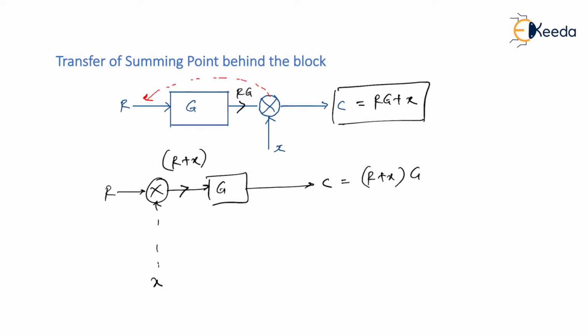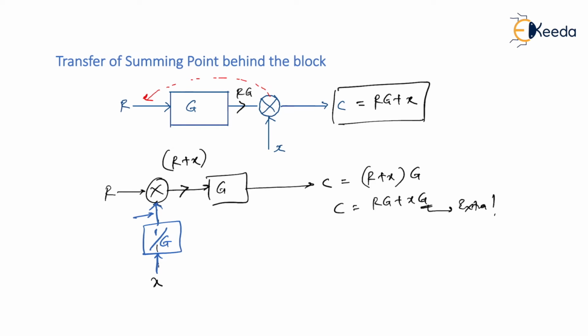It is R plus X multiplied with G, or I would say C is equal to RG plus XG. As you can see, you are getting this G as an extra term. So do you want this G or not? Of course we don't want this G, am I right? So to compensate that G, I'll add a transfer function of 1 upon G. See, now it is going to solve my problem. How?